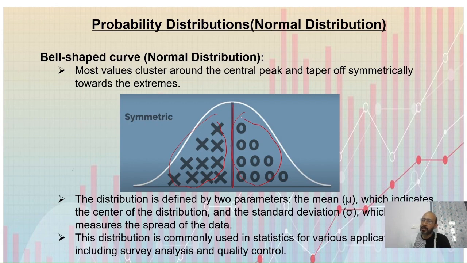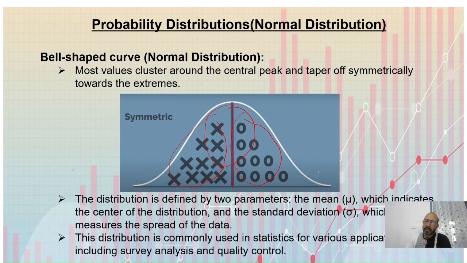The normal distribution represents the behavior of most situations in the universe. That's why it is called a normal distribution. It is also known as the Gaussian distribution, a continuous probability distribution that is symmetric about the mean.